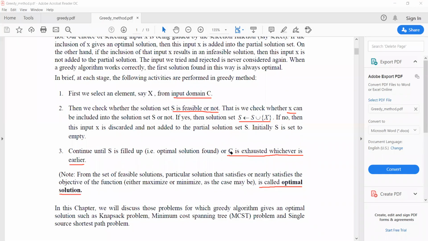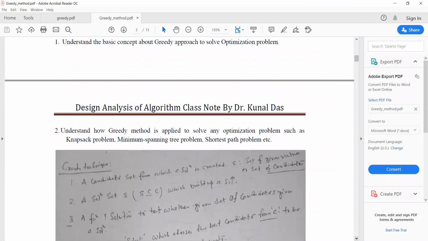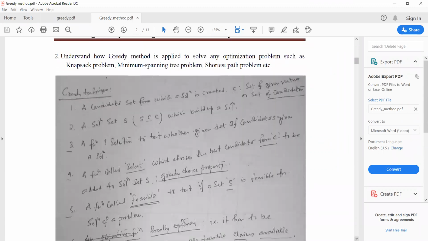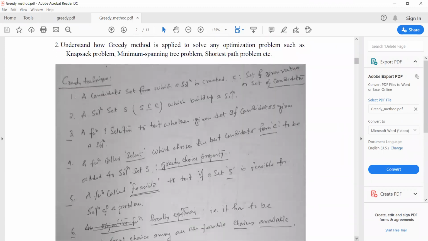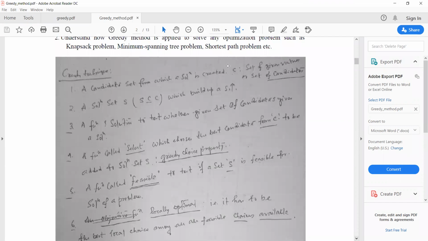Now let us see some handwritten notes on this particular part of the steps. There is a candidate set, which I already said, the set of candidates or input sets.